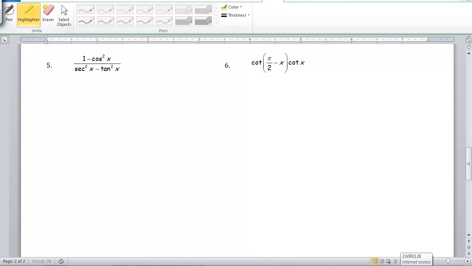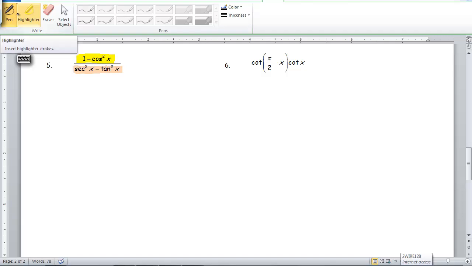In number 5, I'm going to notice right away in the numerator I have a Pythagorean identity, and in the denominator I have a Pythagorean identity. Let's start with the numerator. 1 minus cosine squared of x is the same thing as sine squared of x.